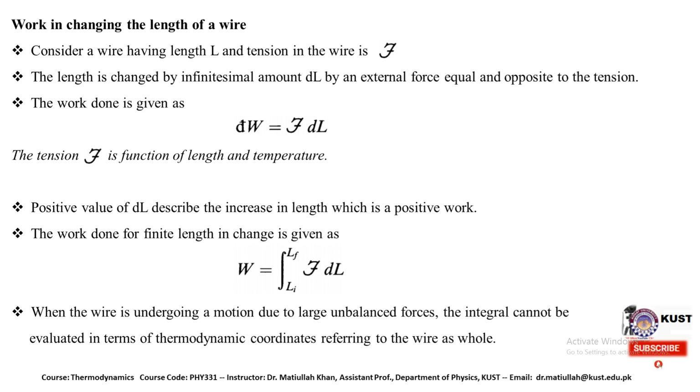We need to refer to the whole wire in that particular system. So this is the work done in bringing the system from the initial to the final position, or changing the length from Li to Lf, that is equal to the integration of tau dl.